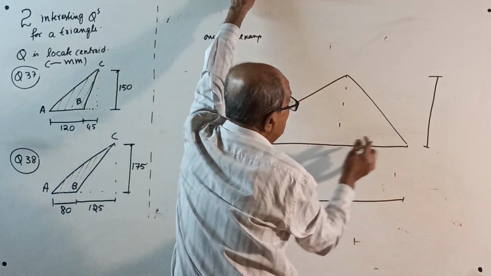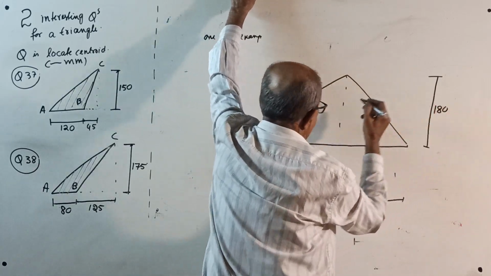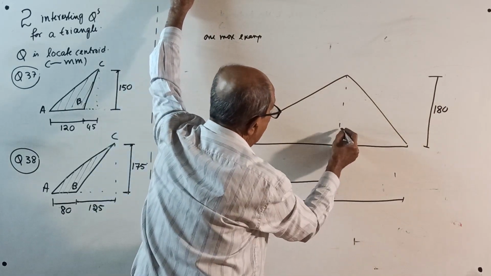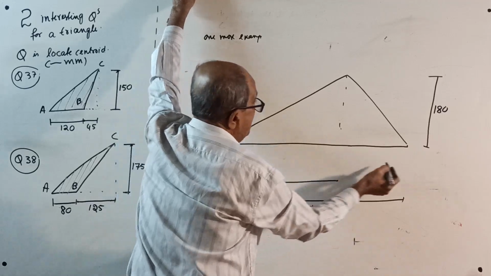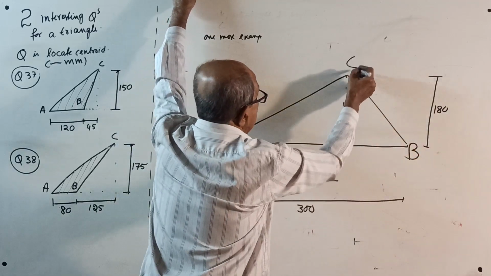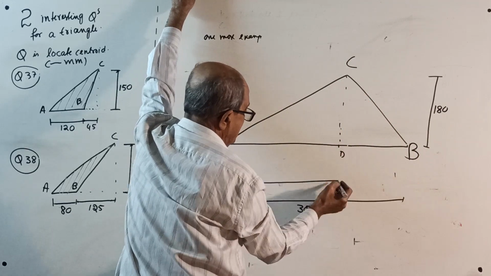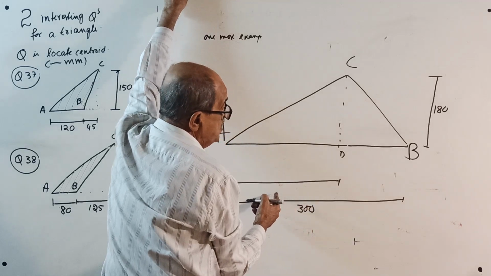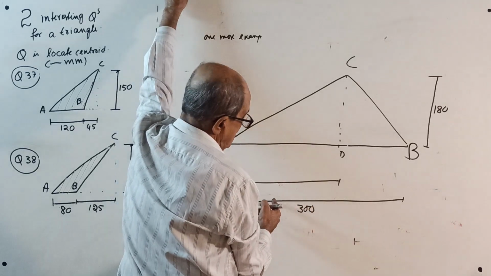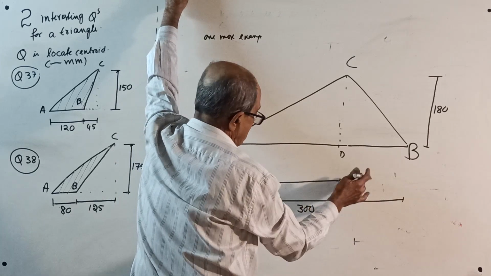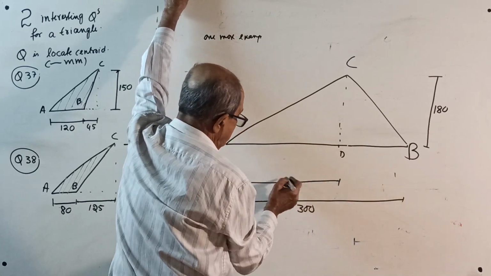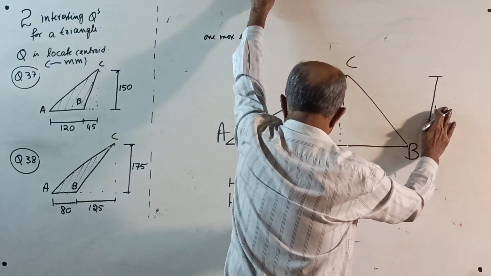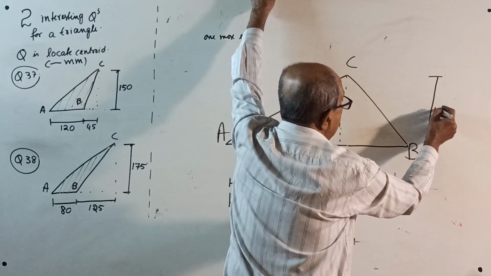This is A, B, C, and this point D. From here to here is 300, 180, 210, 150. This is bigger, this smaller. This I will take 180, and this I will take 150.